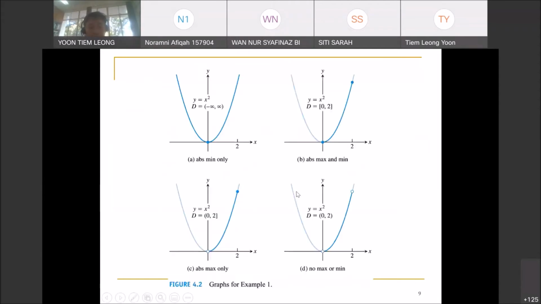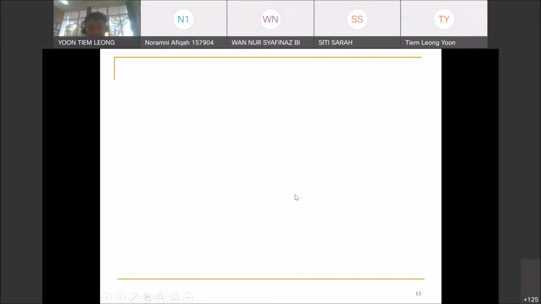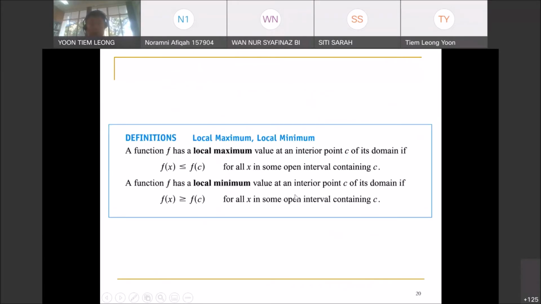But for local minimum and local maximum, you define them for all the x that is lying just within the vicinity of some local point C. Right?